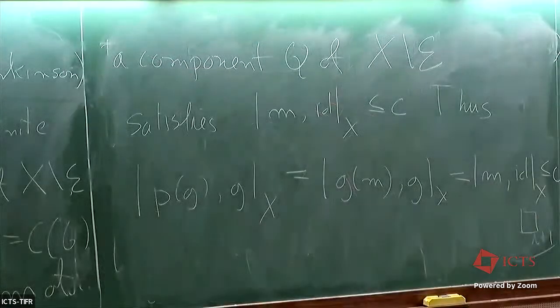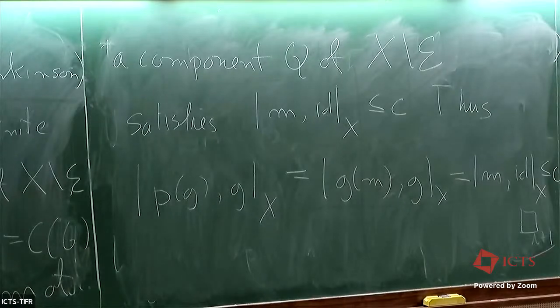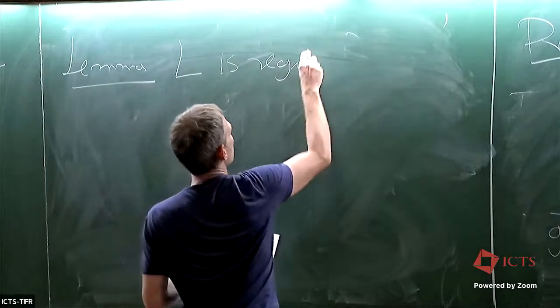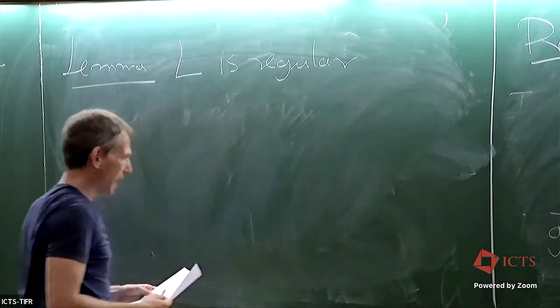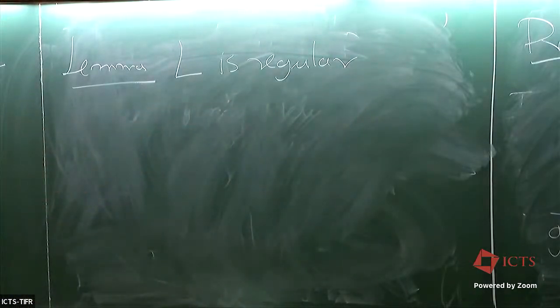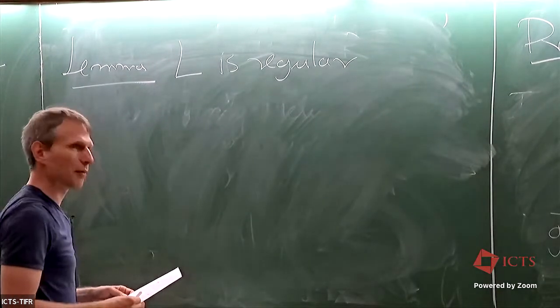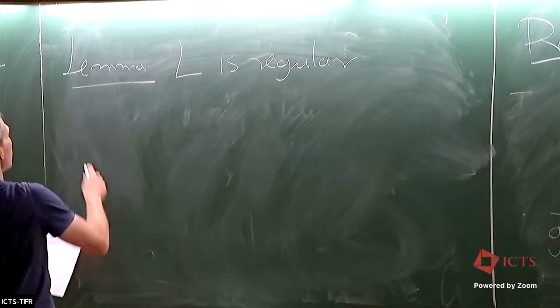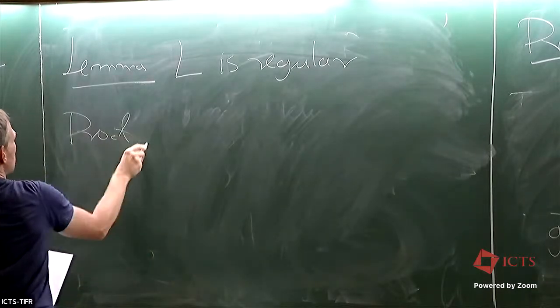Okay, let's state it as a lemma that the language L we used all the time is regular. I write down the automaton. Probably we won't have time to look at all the details, but then there will be something for you to think about on the weekend. So here is the proof.